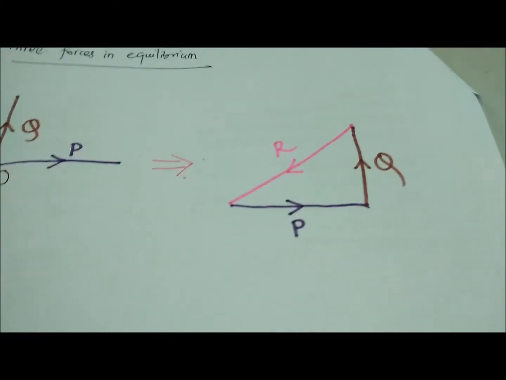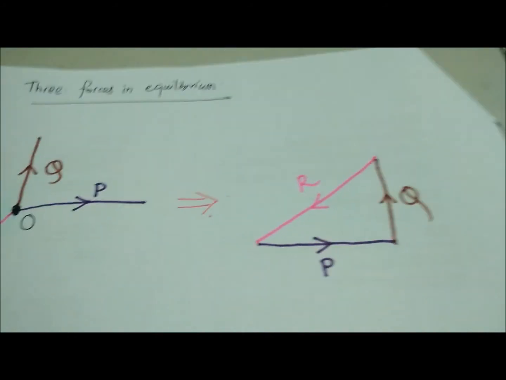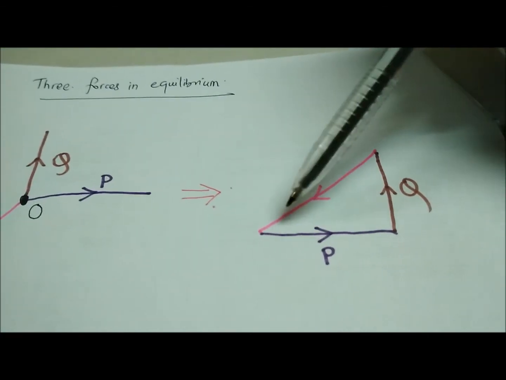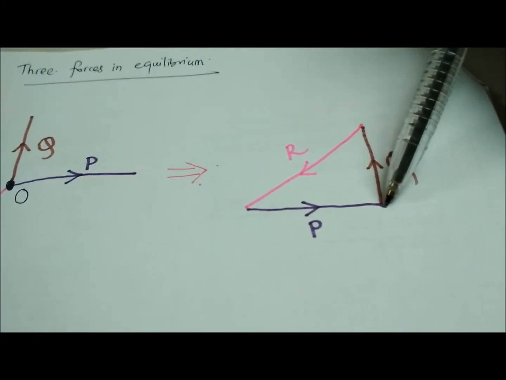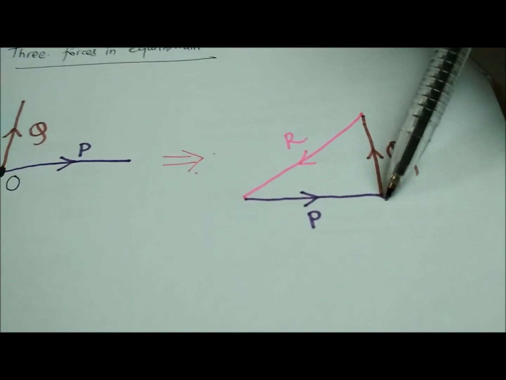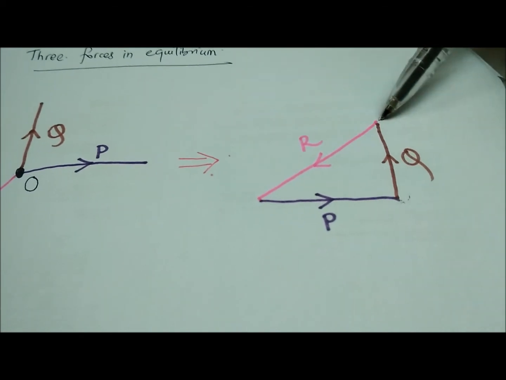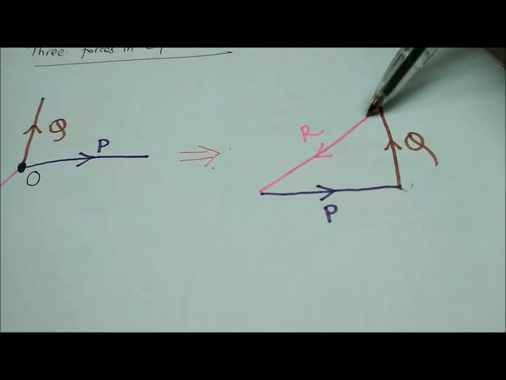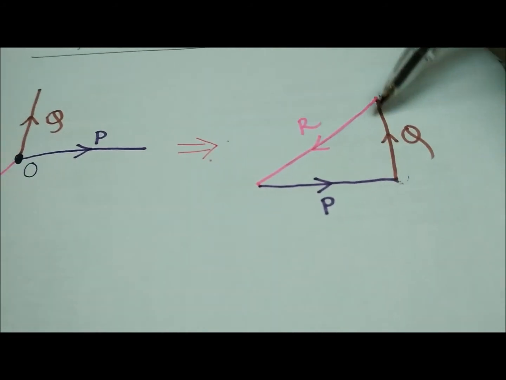Now the next thing we need to look at is the direction of the forces. Let's start from force P. Force P goes from here to here, and then force Q goes from here to here, and then force R goes from here to here. So if we follow the direction of the arrows, it will form a closed triangle.